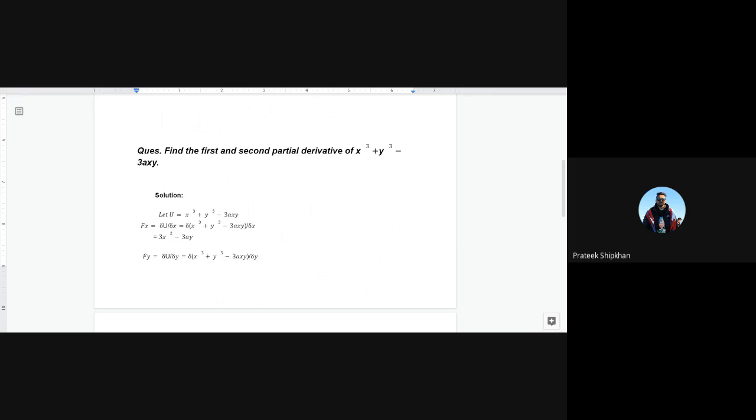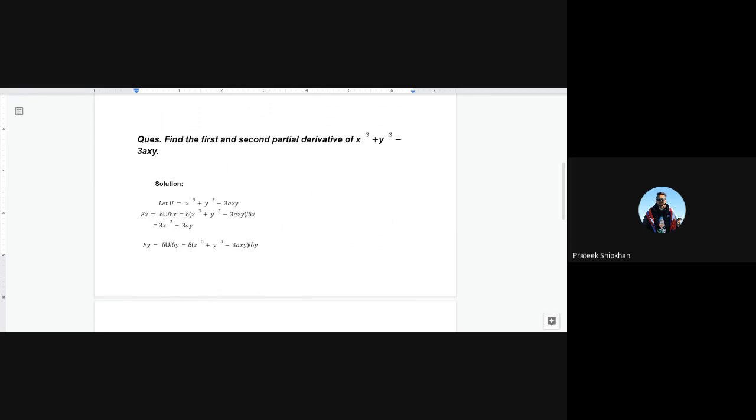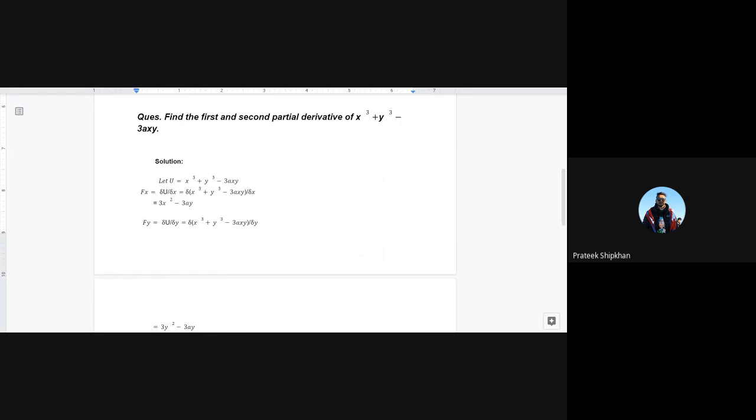Question is to find the first and second partial derivative of x cube plus y cube minus 3axy. So moving into the solution, to determine delta u by delta x, we have to find the partial derivative of u with respect to x, where u is function of x and y. So let's differentiate u partially with respect to x.